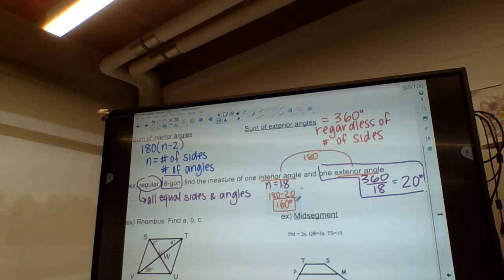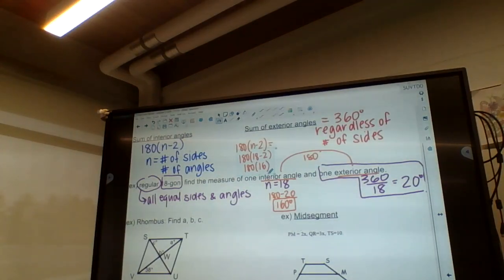Now if that didn't occur to you, you could also use the formula 180 times n minus 2. So if we put 18 in there, and then we just divide by 18, that would be the way to do that one.